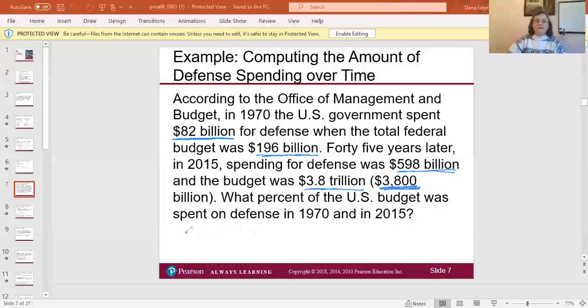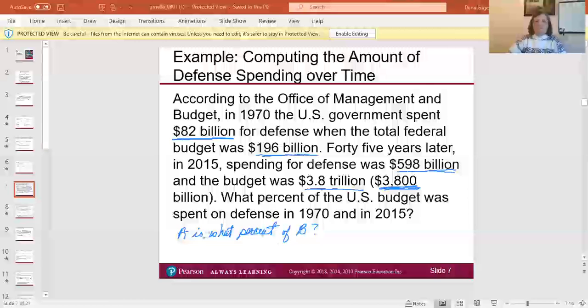Anytime you can write something in the form A is what percent of B, you just have to figure out that B is the whole thing. The letters aren't important. We could write B is what percent of A. That's not what is important.